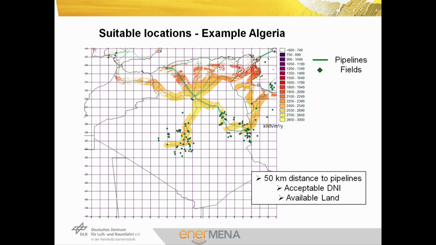And you see here that there are some white spots in our corridors, and these are places that, for example, are too steep or where buildings are or cities. So anyway, we have a lot of space available, for example, in Northern Africa to set up such plants and to enhance the energy content of the available natural gas. This would reduce the CO2 emissions drastically, as shown between 25 and 50%.